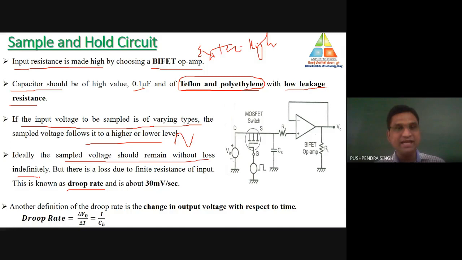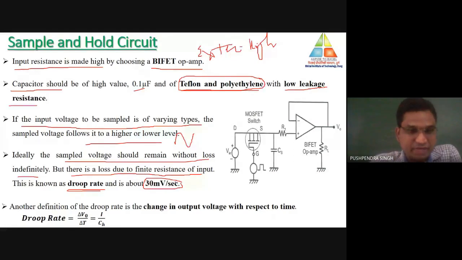But due to the finite resistance of the input, some loss is present. That loss is called the droop rate, and its value is 30 millivolts per second.